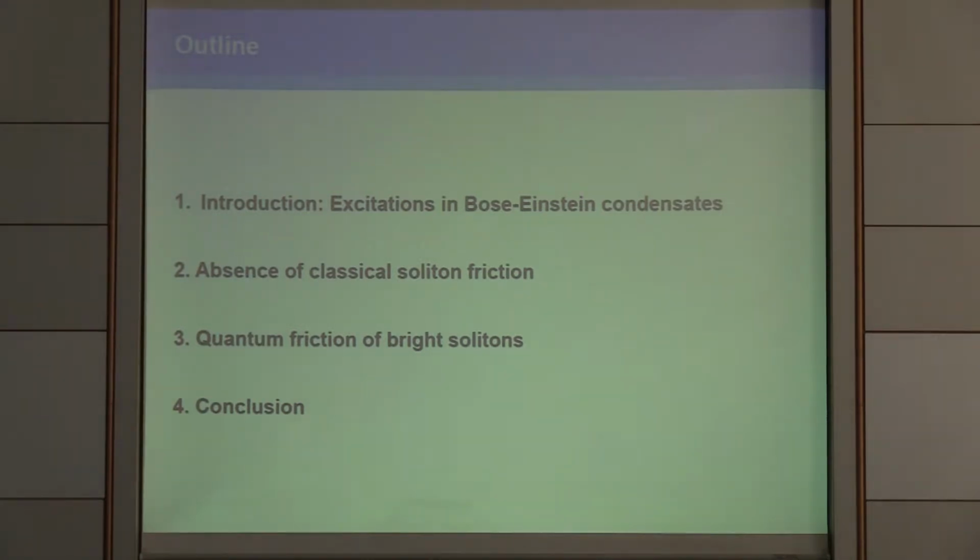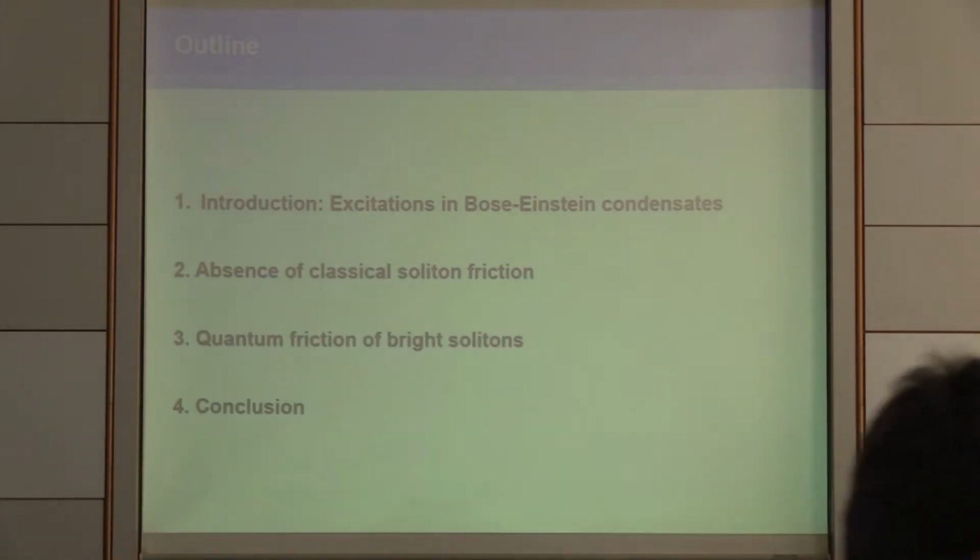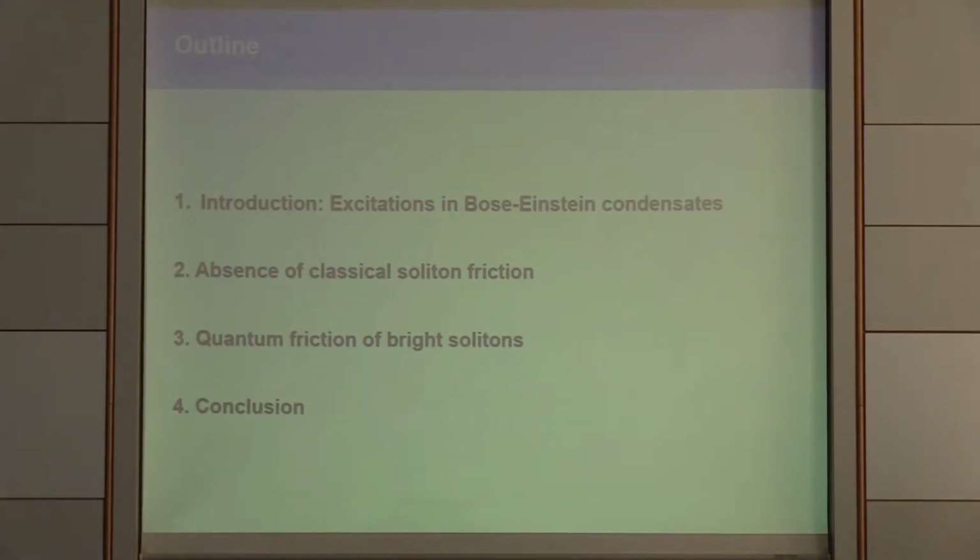So I will start by giving an introduction to this and talking about excitations in Bose-Einstein condensates. And then I will give a brief argument why we would not expect that precisely this hindering of the soliton motion appears in certain classes of Bose-Einstein condensates in one-dimensional traps. So there's a classical no-go theorem that forbids the classical soliton friction, so a friction force which depends on the velocity of the soliton, like in a damped harmonic oscillator.